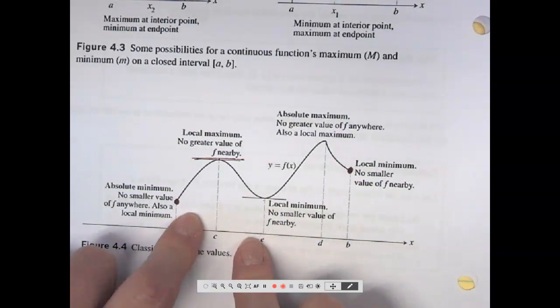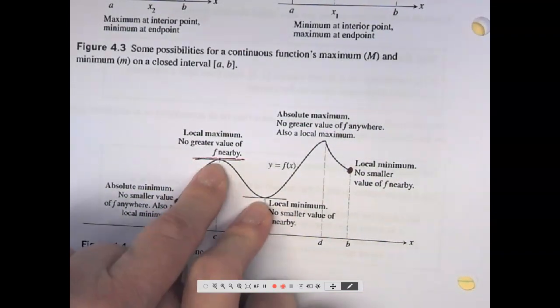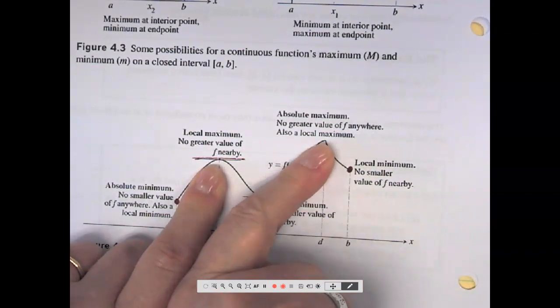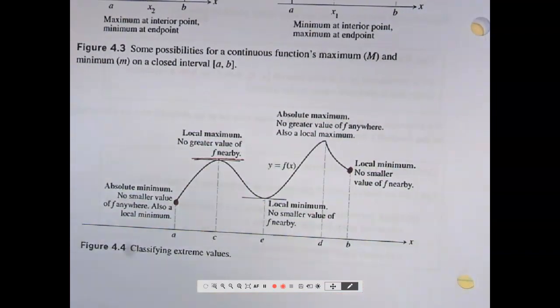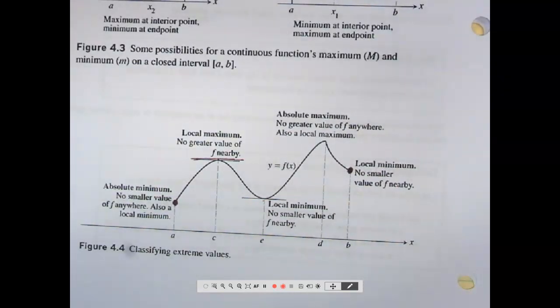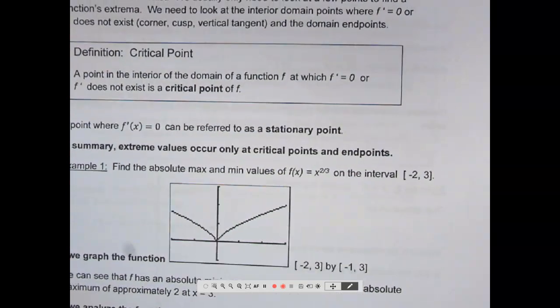We'll talk about it in just a second. Where the slope is 0 or where the slope is undefined, because that's where your peaks and your valleys are going to occur, wherever you have these turns where you have a slope of 0 or these sharp edges where we have corners and cusps. So those are the important red flags that might signal a max or a min.